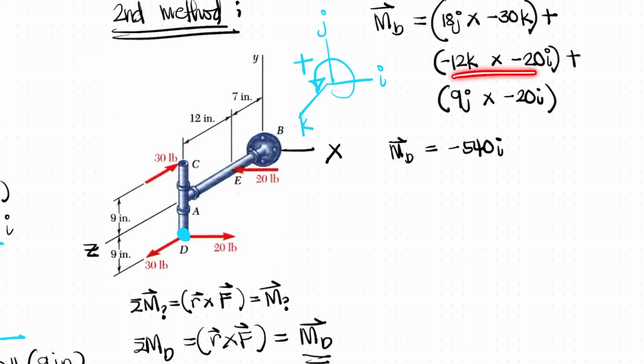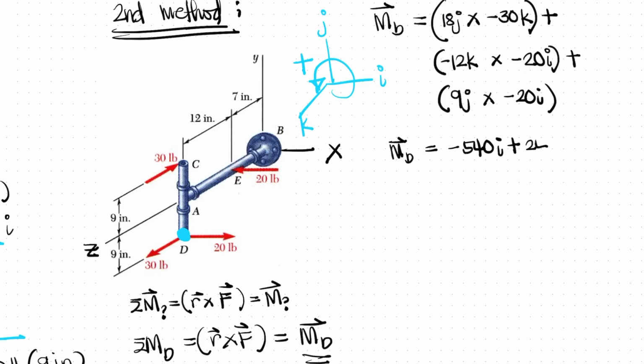Next, K times I. Negative 12 times negative. K times I is positive J. Then, 12 times 20, negative times negative equals positive.